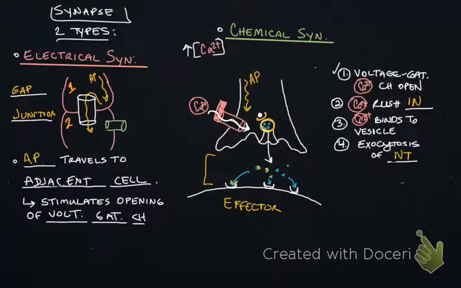The action potential travels to the adjacent cell through this little gap junction, which is basically a tunnel. It's traveling through the cytoplasm from one cell to another cell, and then it can actually stimulate voltage-gated channels, okay, and causing other things to happen. So make sure you know the difference between an electrical synapse and a chemical synapse.